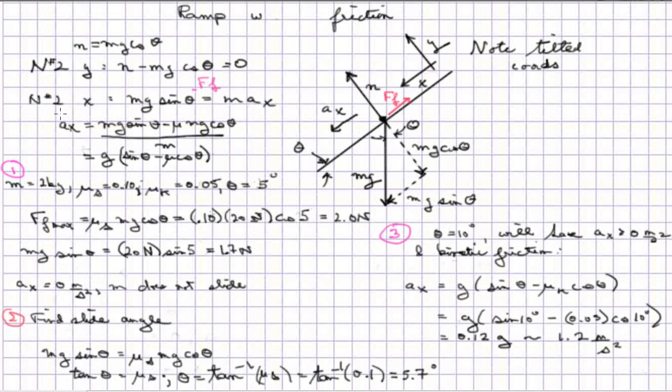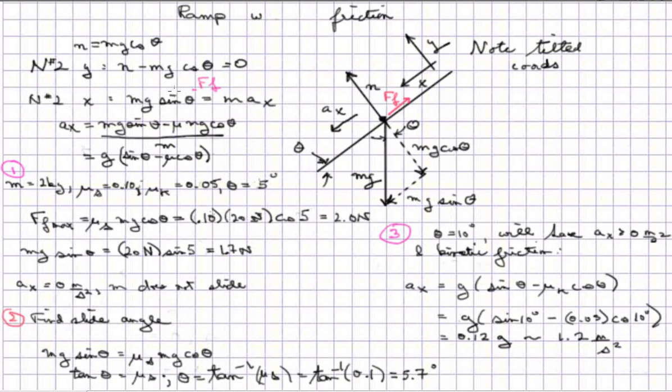The Newton number 2 in the x direction is now going to be just what it was before, but we're going to have to subtract a minus f sub f on the left-hand side for our net force. Previously it was just mg sine theta, now it's mg sine theta minus f sub f, because f sub f is pointing up the plane, so we're going to bookkeep that with a minus sign consistent with our coordinate system.